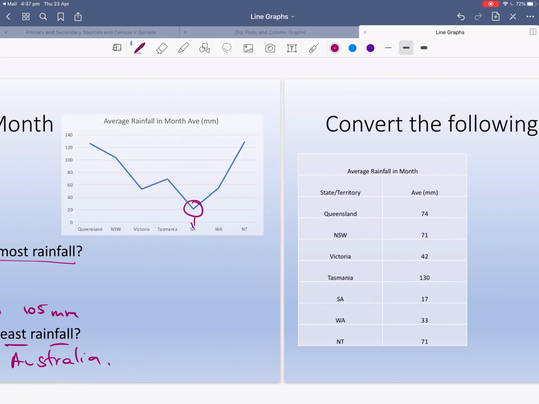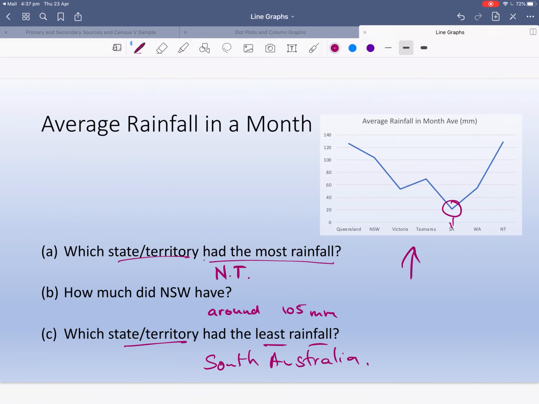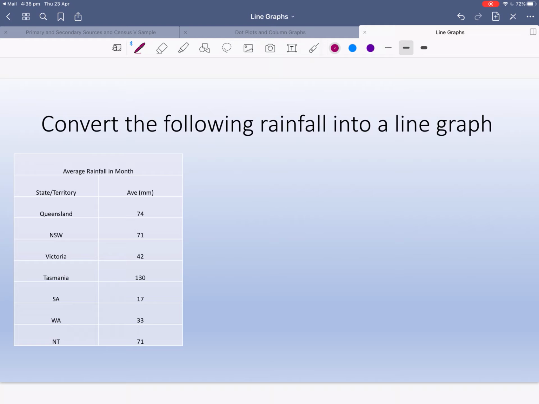So what we're going to do is simply try to replicate that. So at the bottom, I'm going to put all the states. So I'm going to put Queensland, like that. Queensland, New South Wales.